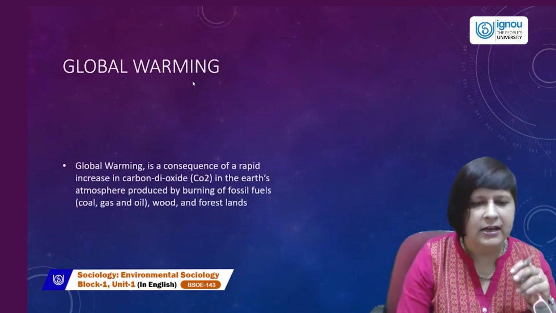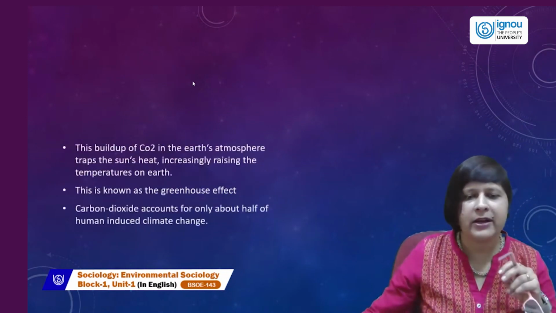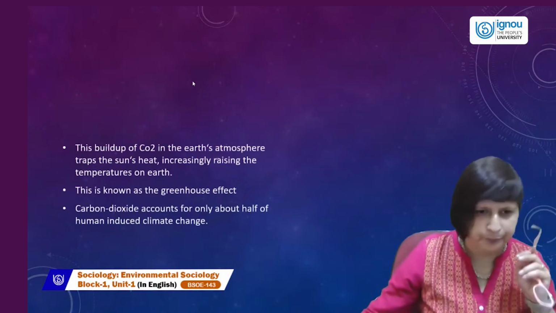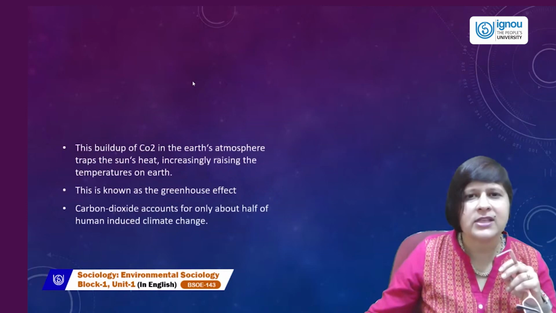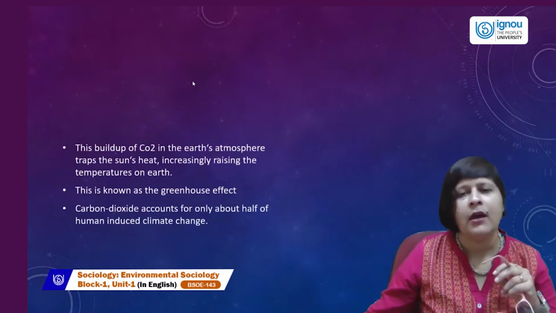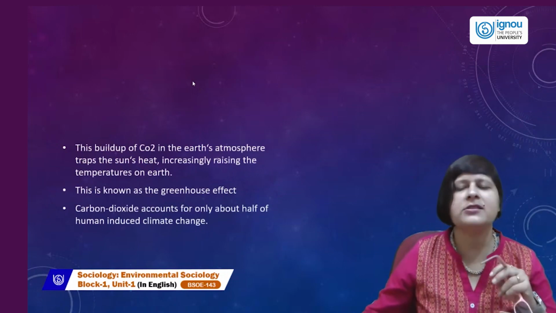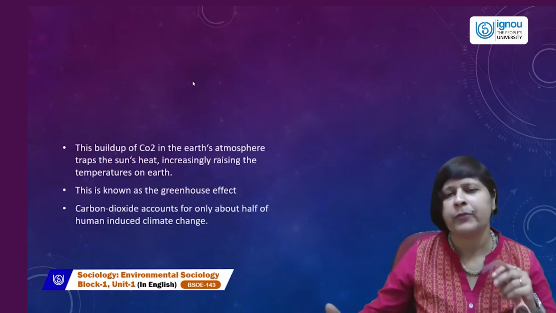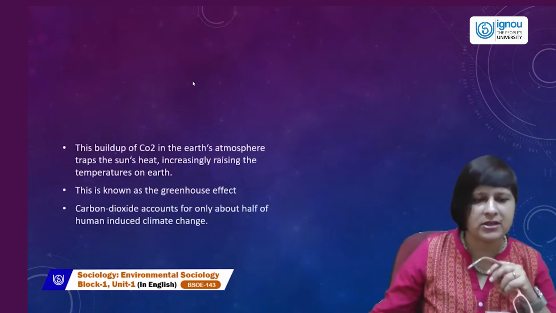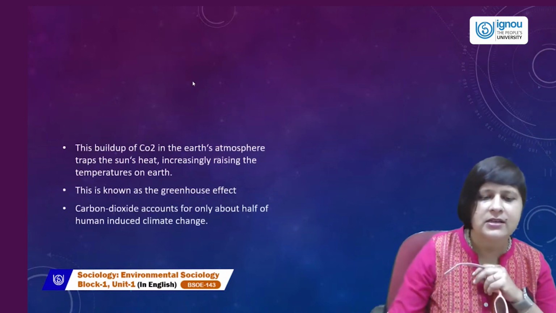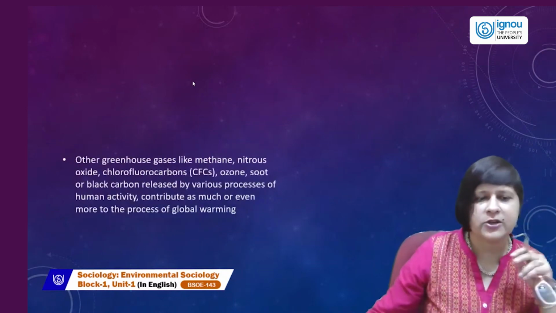These activities release carbon dioxide, and when there is more carbon dioxide in the Earth's atmosphere, it traps the sun's heat, and this results in the increase of the temperature, and this is known as the greenhouse effect. Carbon dioxide accounts for about half of the human-induced climate change.